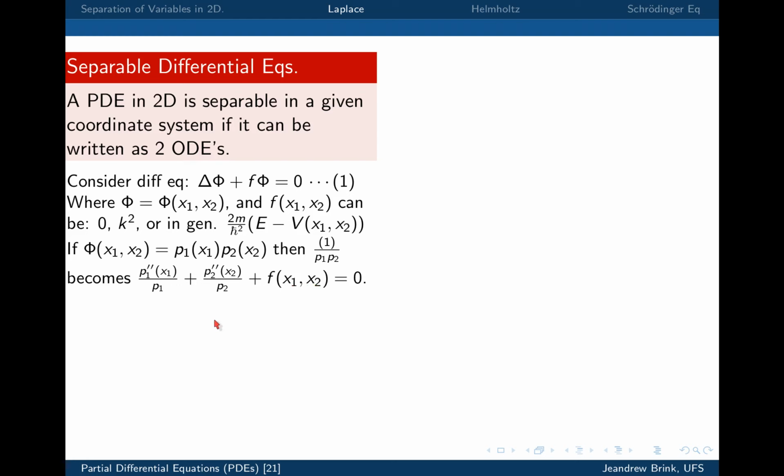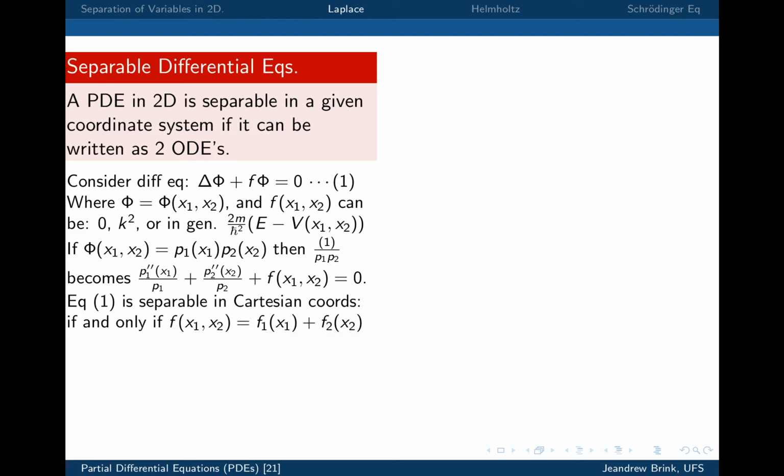And so in this particular coordinate system, this is separable if and only if f is separable.